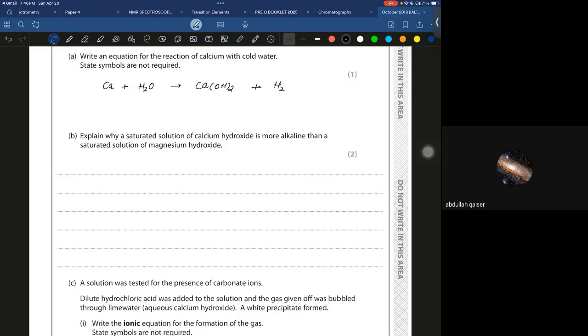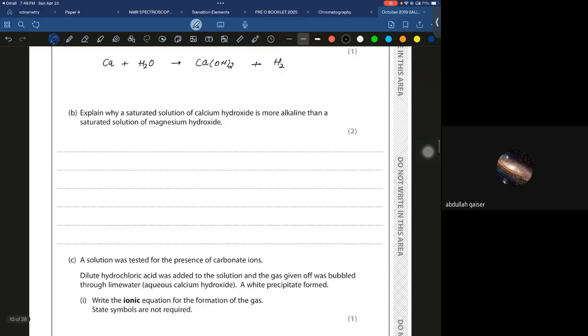More OH ions means that the pH would be higher for calcium hydroxide. That's why. So in this question, why is a saturated solution of calcium hydroxide more alkaline? Of course, I'm supposed to write that calcium hydroxide is more soluble in water.